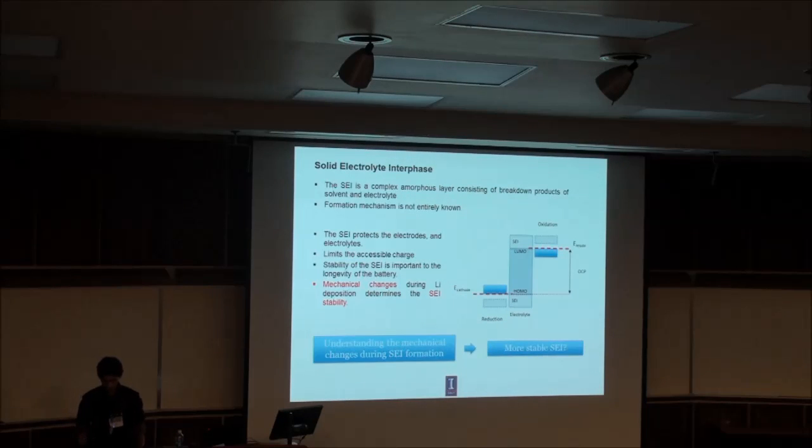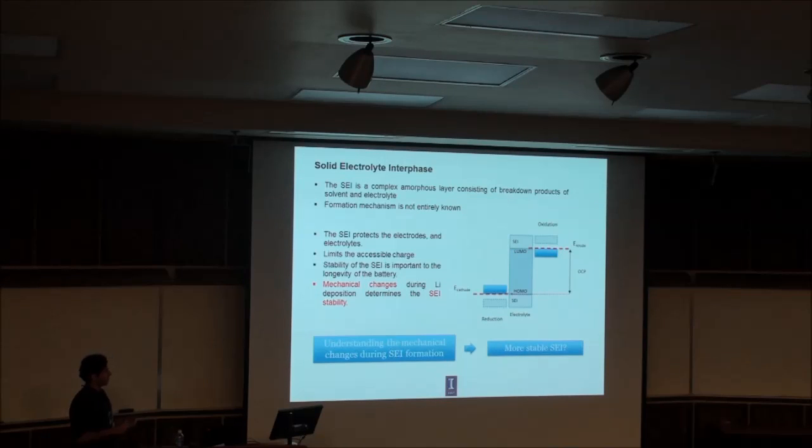And here, I'm just showing that. We have a stability window for each electrolyte we use. If we go lower than a potential limit, we start oxidizing and reducing that electrolyte. So now we form an SEI layer on top of the electrodes. That gives us a higher window that we can go, because it's a protective layer on top of the electrode.